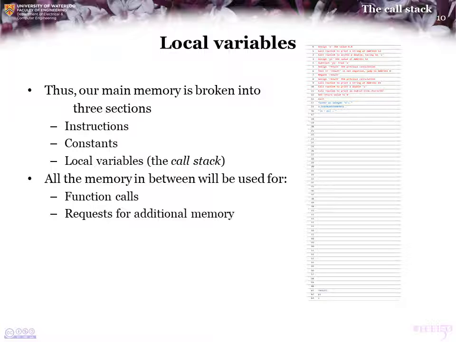There's a lot of memory between these two, and we are going to use this memory for other features such as function calls and explicit requests for additional memory as necessary.